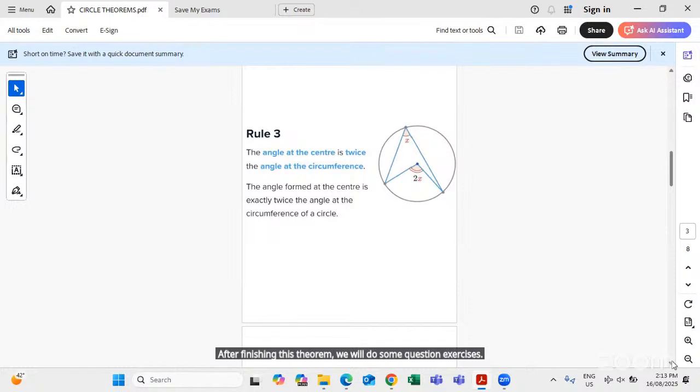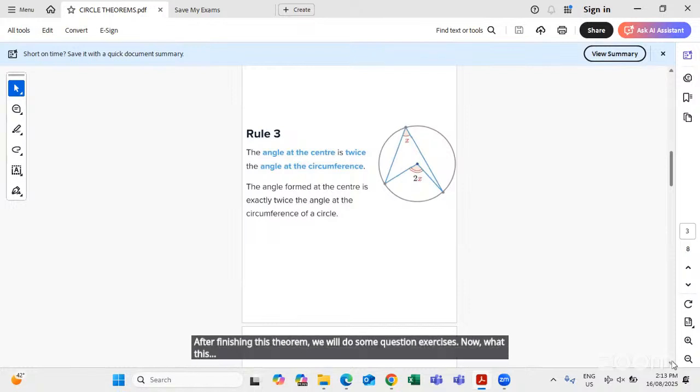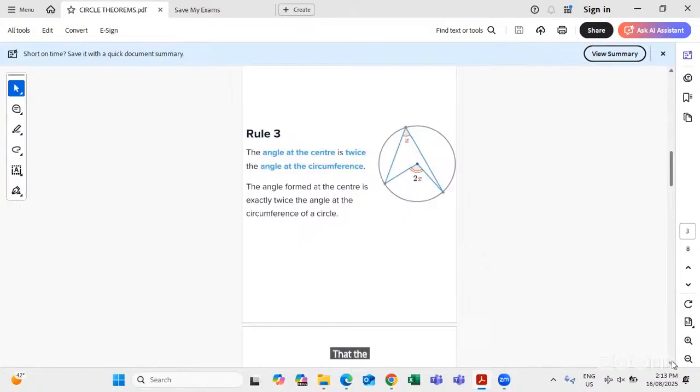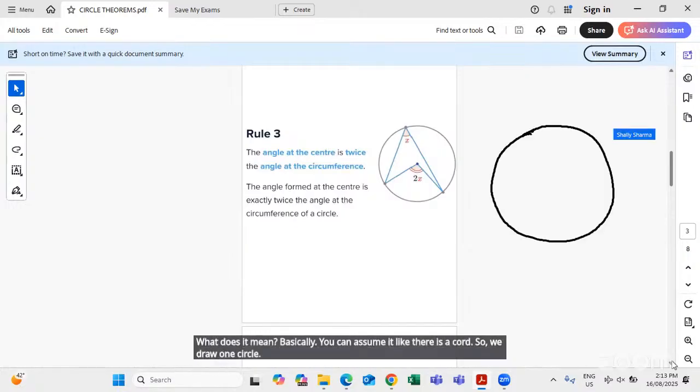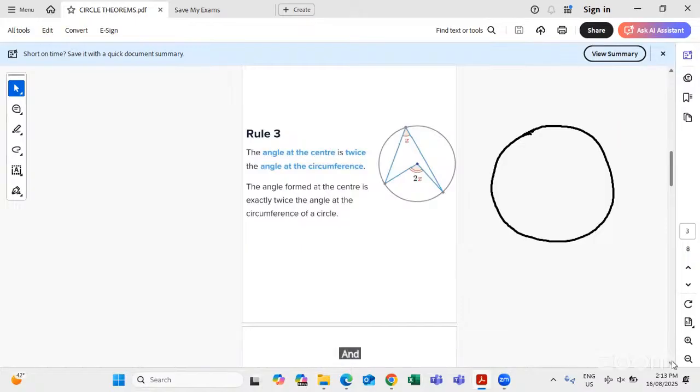Now this rule says that the angle at the center is twice the angle at the circumference. What does it mean? Basically, assume there is a chord. So we draw one circle and I take one chord, let's say this is the chord.